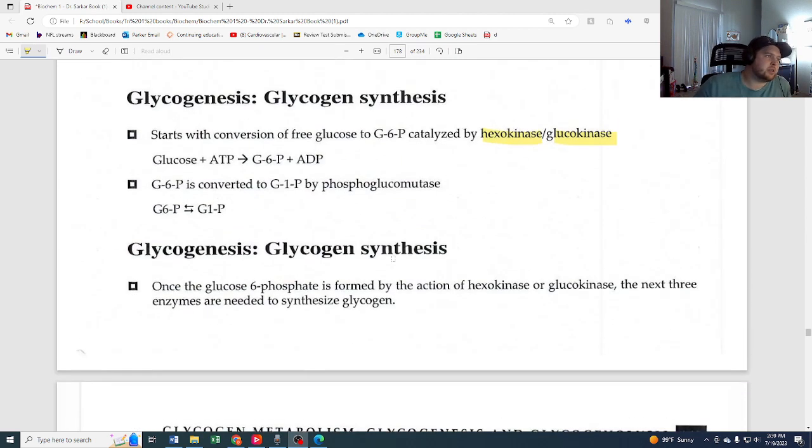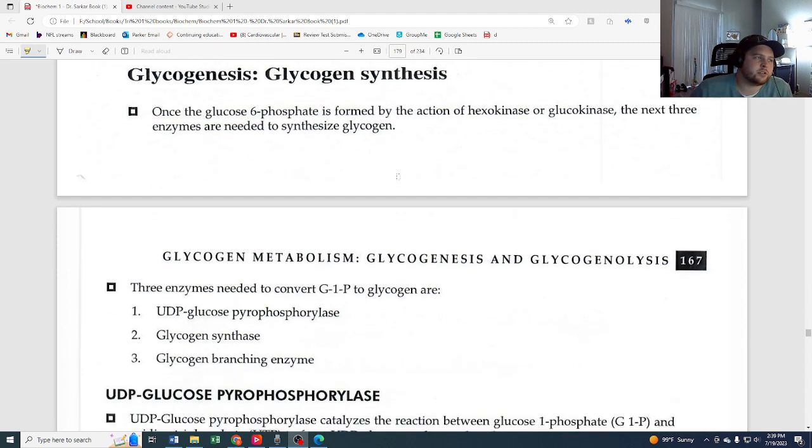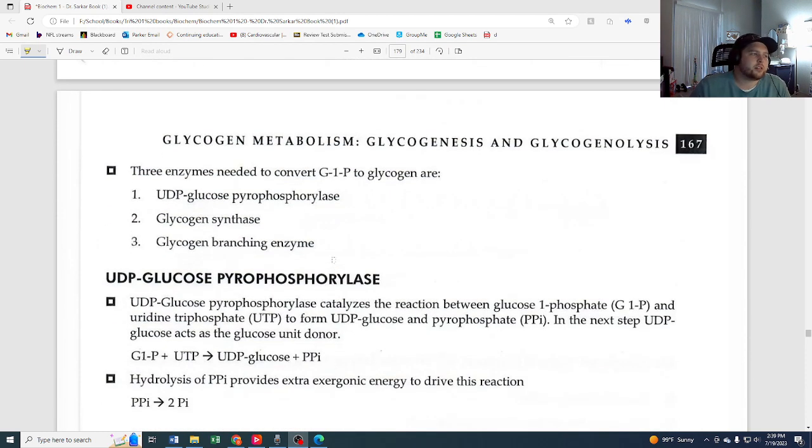Now, continuing to the glycogen synthesis. Once the glucose 6-phosphate is formed by the action of hexokinase or glucokinase, the next 3 enzymes are needed to synthesize glycogen. There are 3 enzymes needed to convert G1P to glycogen, and they are UDP glucose pyrophosphorylase, glycogen synthase, and glycogen branching enzyme.